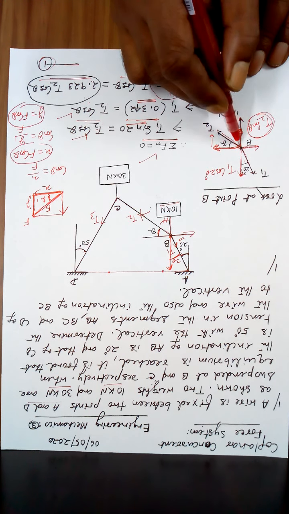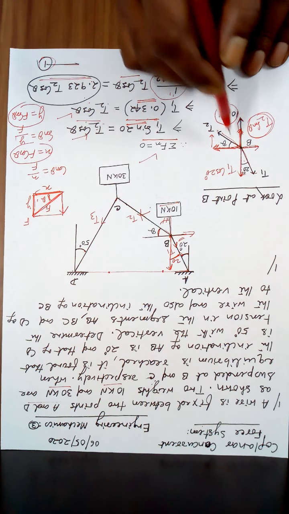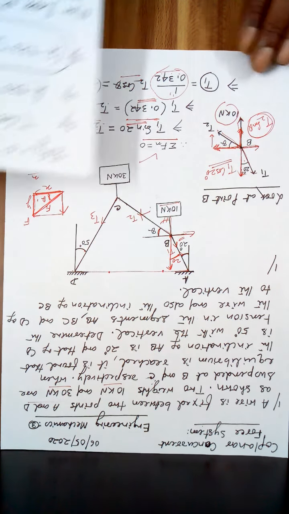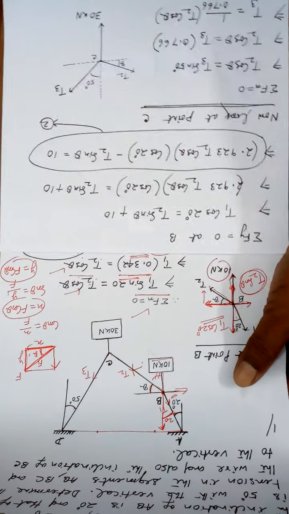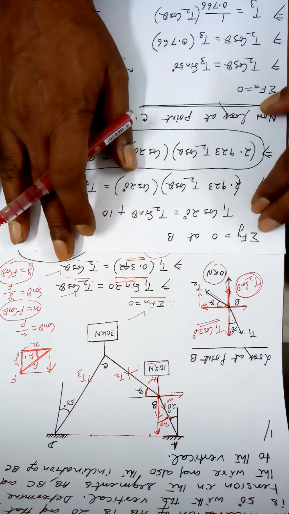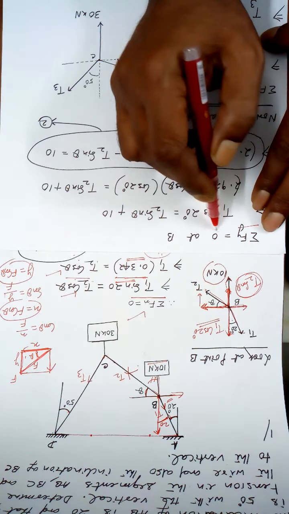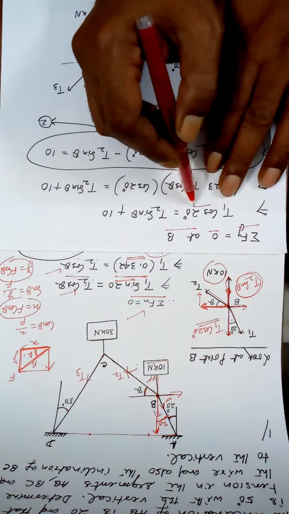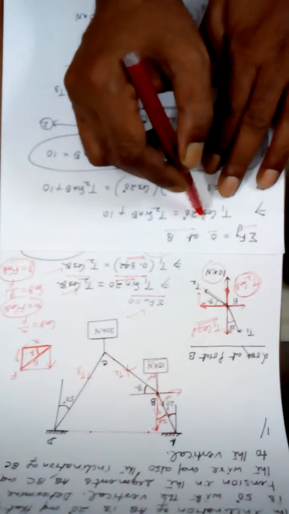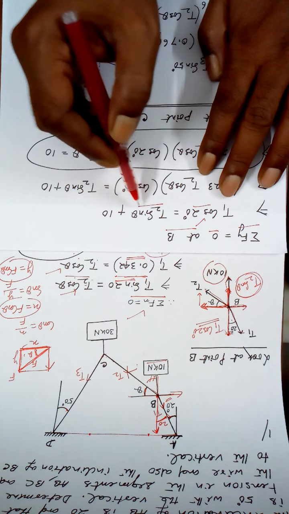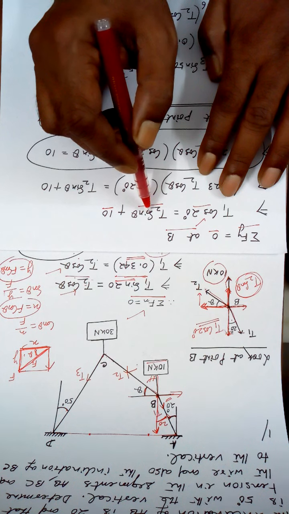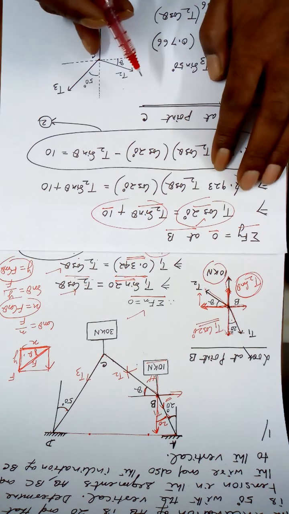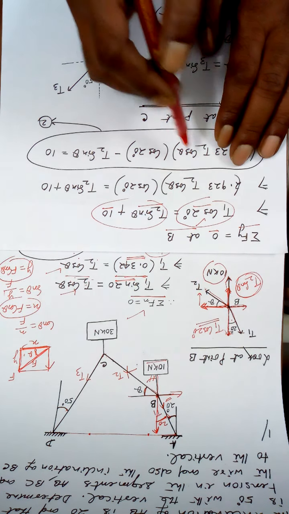T2 sin theta is downward, 10 kilonewton is downward, and that is balanced by T1 cos 20. So the sum of the forces along the y-axis is 0 at B because it is in equilibrium. T1 cos 20 is upward, T2 sin theta is downward, 10 kilonewton is downward. So these two are the total downward, this is the total upward. If they are equal, then the point B will be in equilibrium.